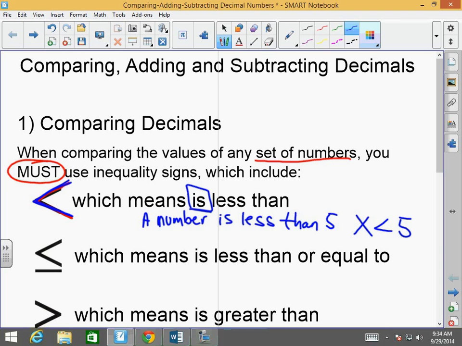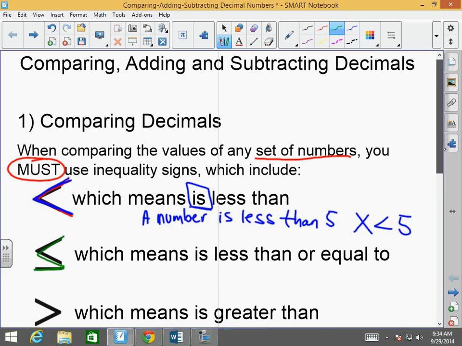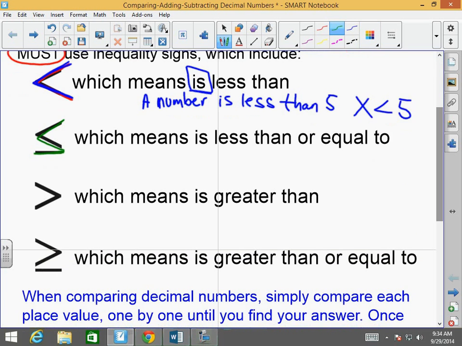My next symbol. This guy here, I have a less than sign and a line underneath it. That means is less than or equal to. When I reverse it, and I have this symbol right here, it is greater than.